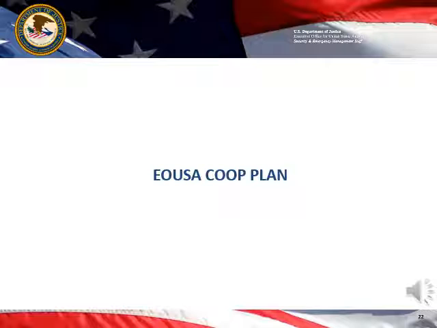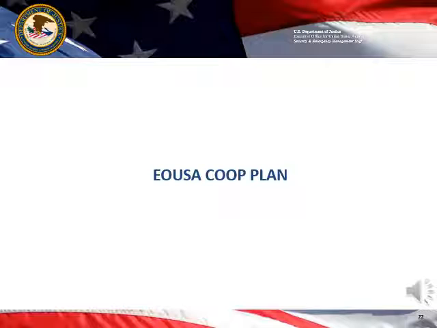So far, we have covered what continuity is. We have discussed the process used to identify essential functions, mission essential functions, and primary mission essential functions for an organization. We will now discuss the EOUSA COOP plan, its components and requirements.